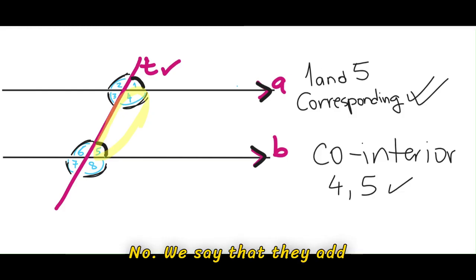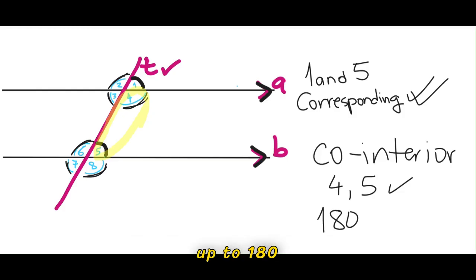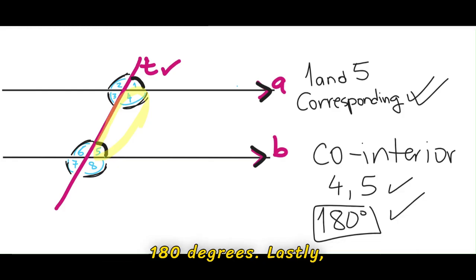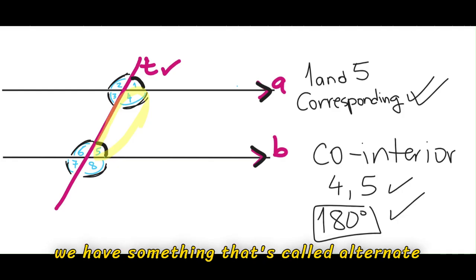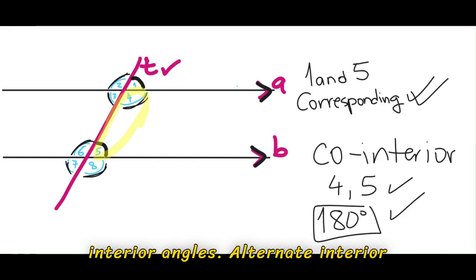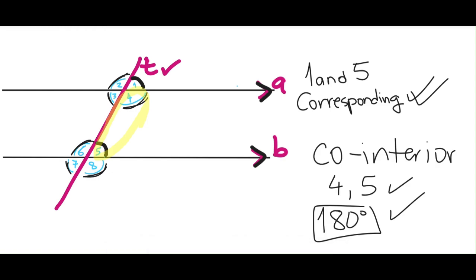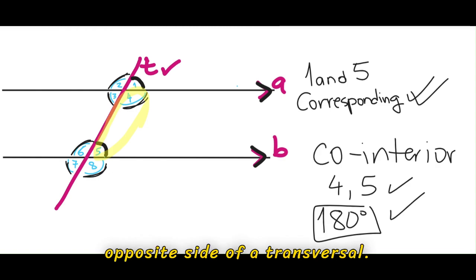Are they equal? Nope. We say that they add up to 180 degrees. So cointerior angles add up to 180 degrees. Lastly, we have something that's called alternate interior angles. Alternate interior angles are angles that are on opposite sides of a transversal.